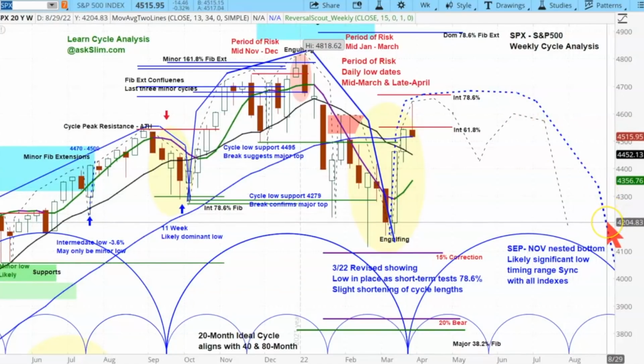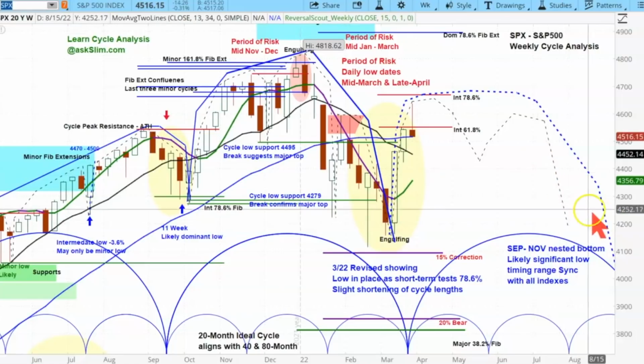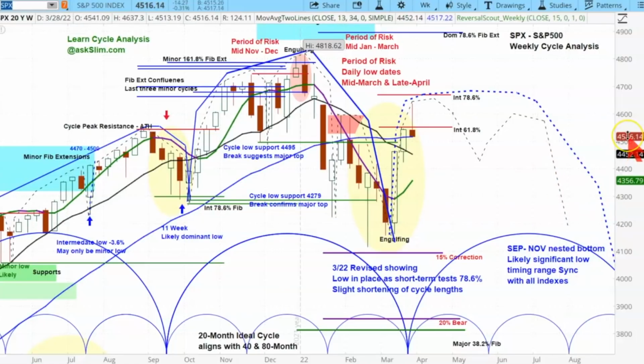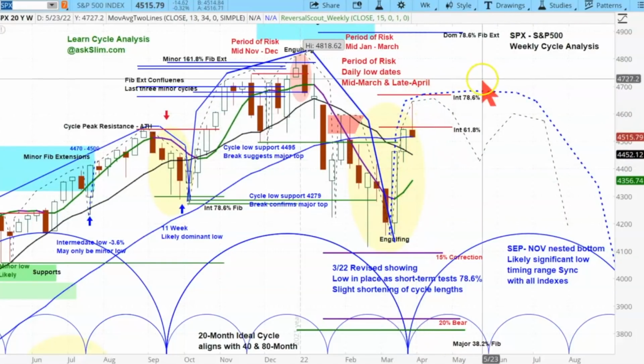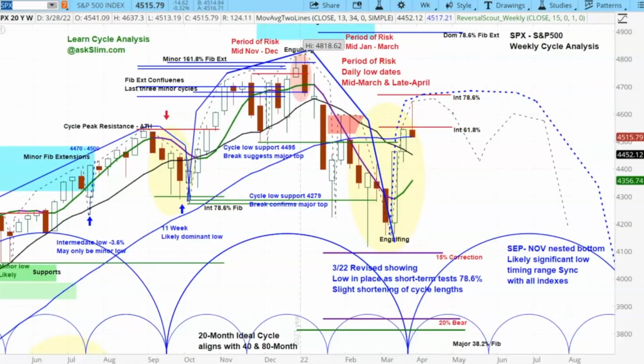And I showed you July, August on the high yield bonds, that they're pointing down sharply into that area. So late summer into the fall could be a lot of risk for the stock market out there. In the meantime, it's in this sharp rising phase, almost got up to the 78.6, and likely to try to get higher again before this is over with.